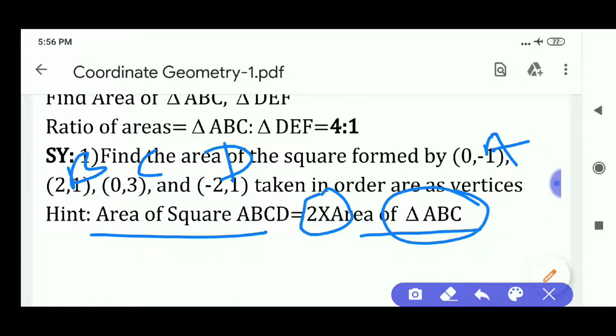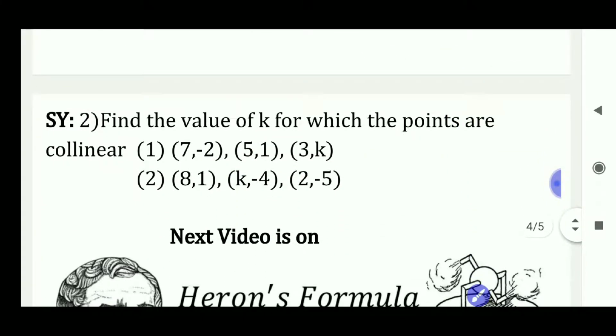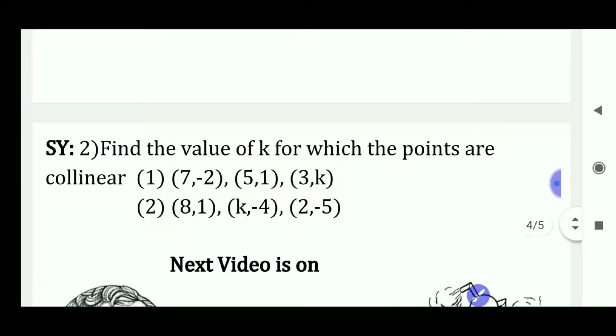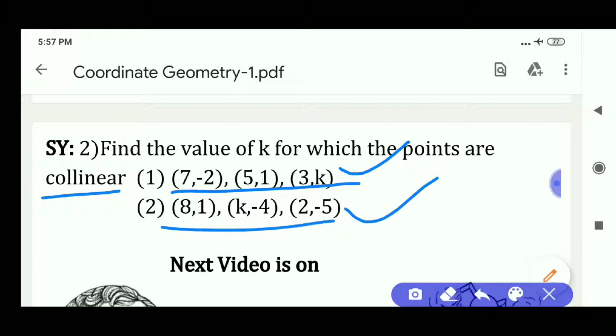Multiply it with 2, you will get the area of the square. One more question. Find the value of k for which the points are collinear. We solved this model question, and you try yourself.